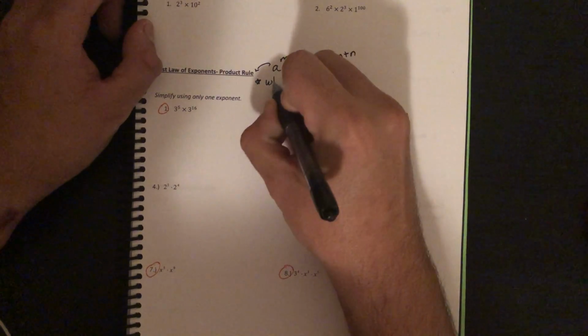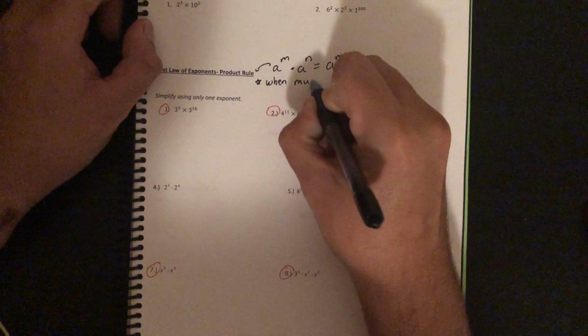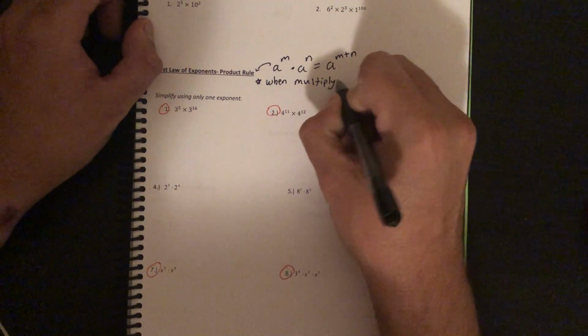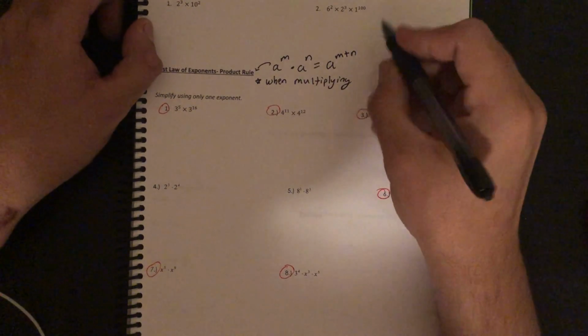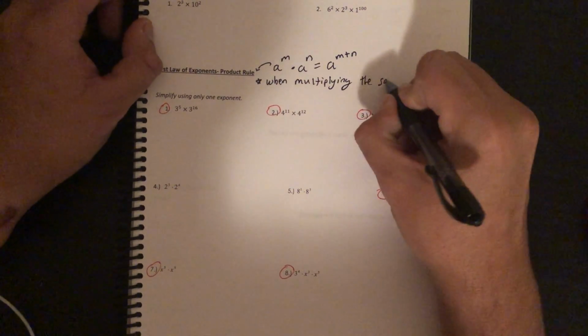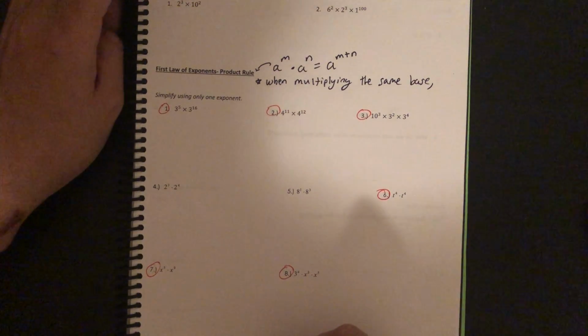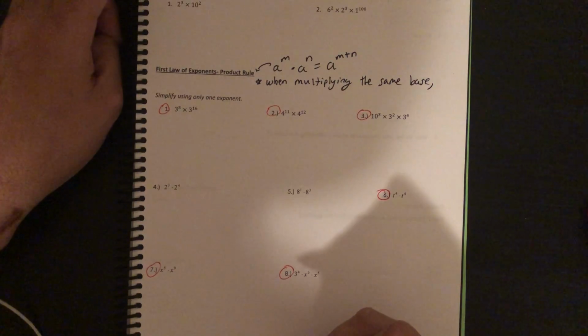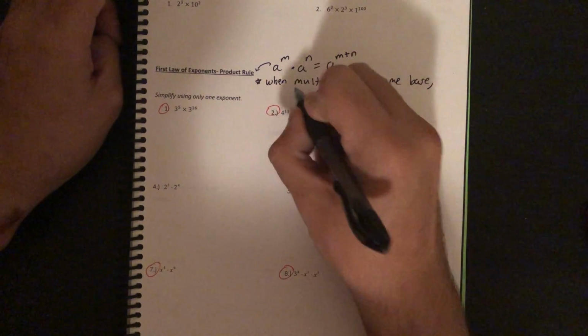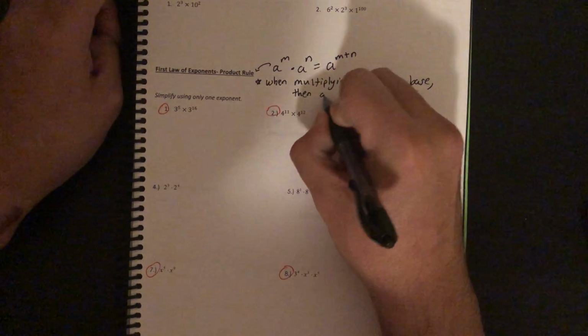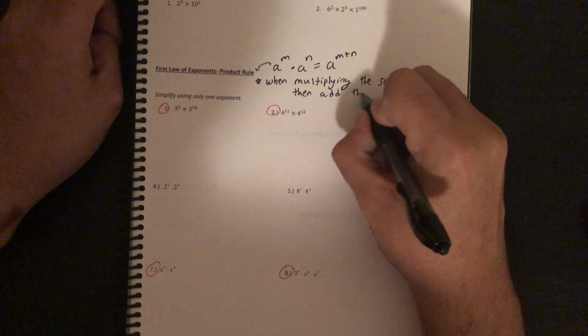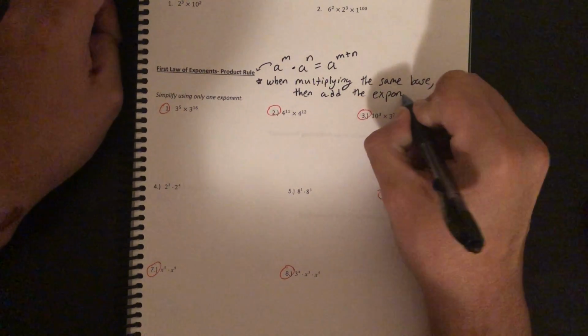When multiplying the same base, okay, then add the exponents.